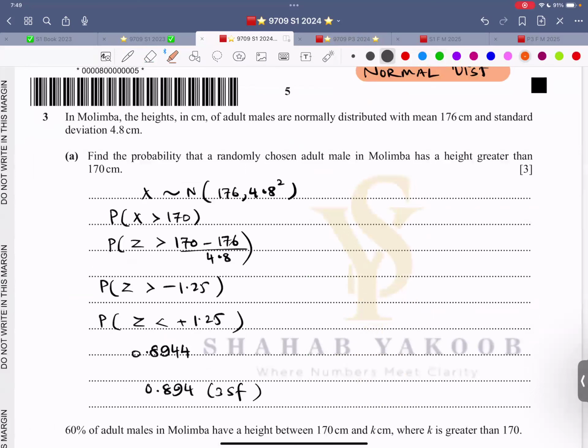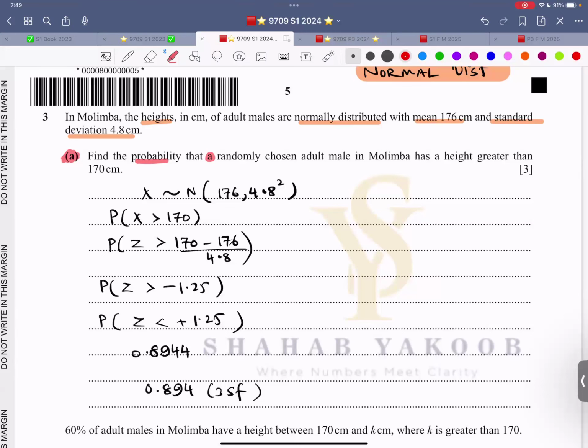Now, over here, it says in this town, the heights of adult males are normally distributed. That's the mean, and the standard deviation is 4.8. The first part, find the probability that randomly, when we are talking about normal distribution, we are talking about one person at a time. More than one person, that would be binomial.